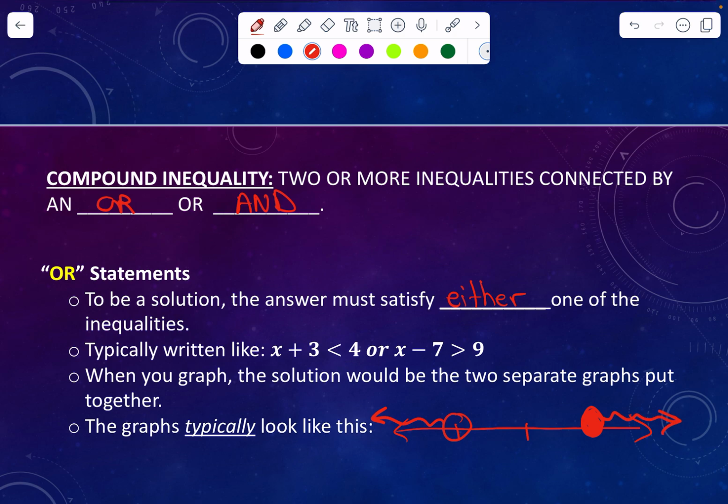Typically an or statement is going to give you two wings, I guess would be a good way to say it. You're going to have something to the left, something to the right, because with an or statement, you get everything from both graphs. That's what we get to keep.